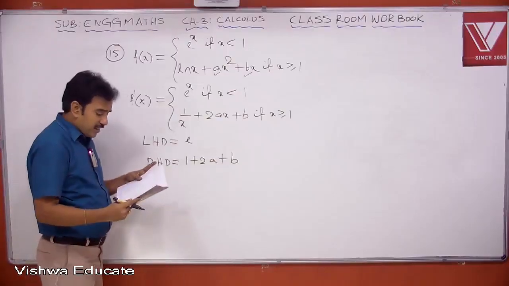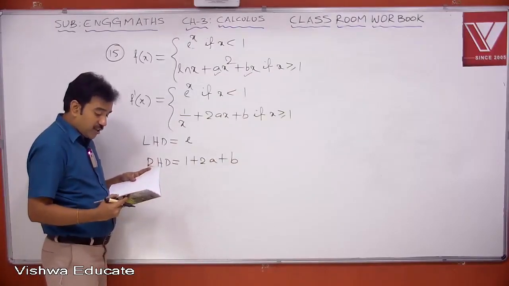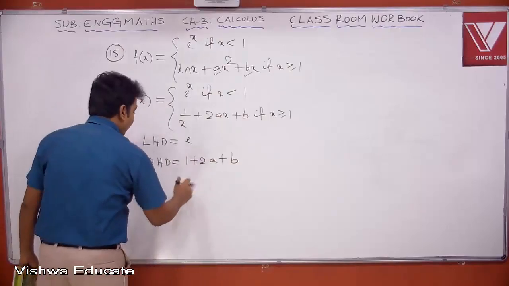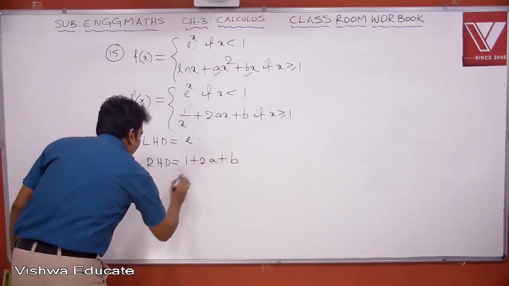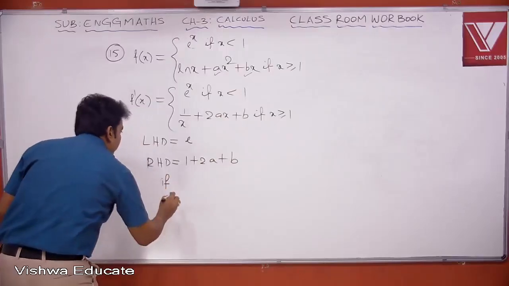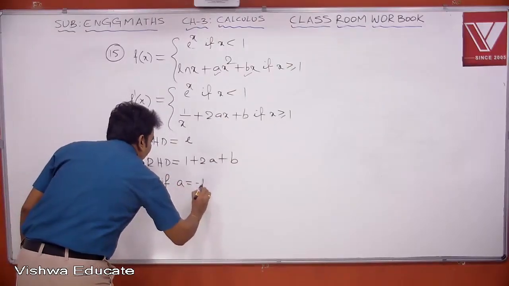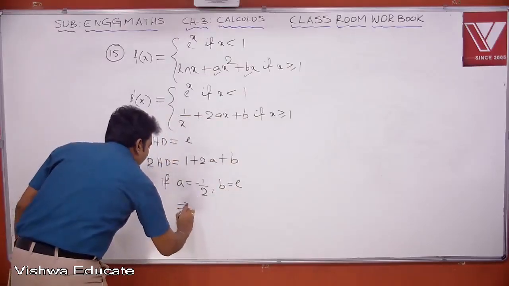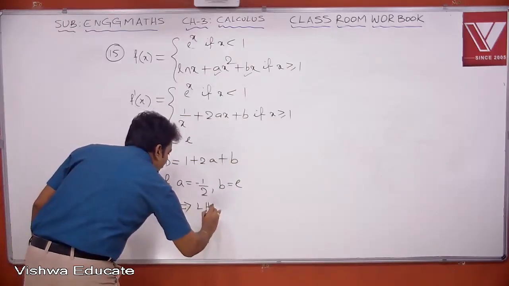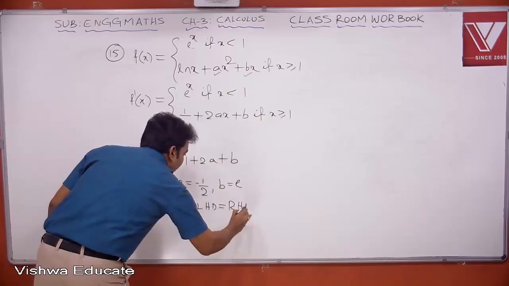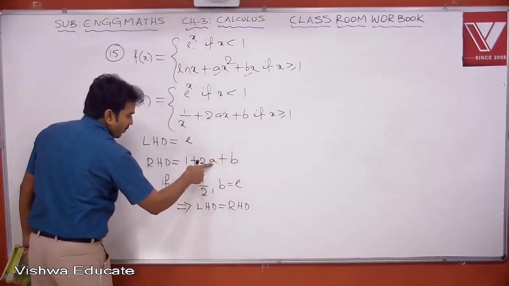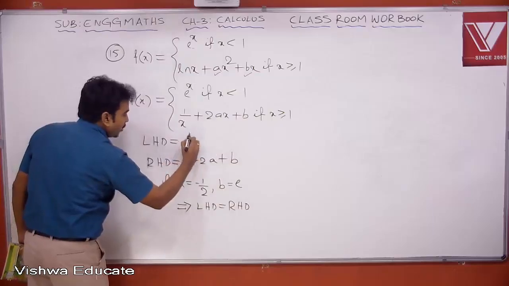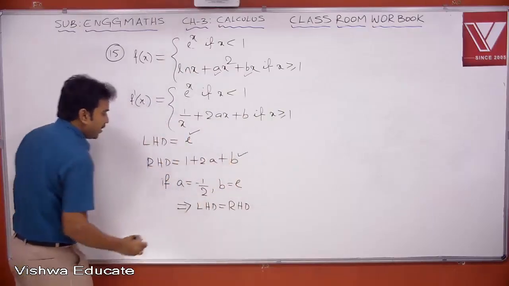Now it is given that in the first option it is not differentiable at x equal to 1 for any values of a and b. Now you can see here, suppose I take this combination, for example a equal to minus 1 by 2, b equal to e, implies LHD must be equal to RHD. Take a value minus 1 by 2, that means this will be 0, b value e, then LHD value equal to e, RHD value will be equal to e.